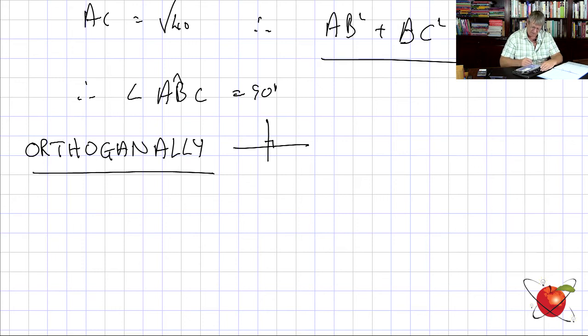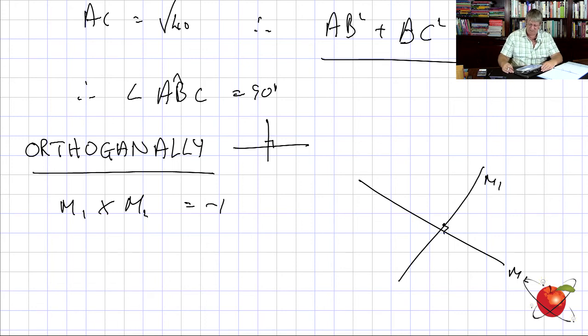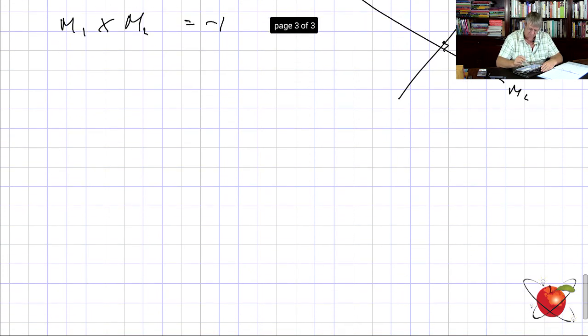If I take m1 times m2 and I get minus 1, remember that? So let's just try it and see, shall we?